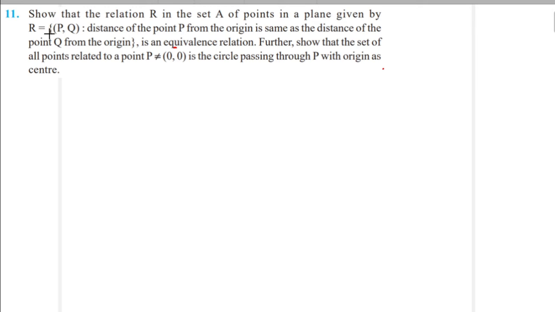So we can take the first part. First part here, listen, this is a relation R, the ordered pair (P, Q). Then P and Q: the distance of the point P from the origin is the same as the distance of the point Q from the origin. This is a relation, but this relation is a lengthy statement, so we have to make it short.